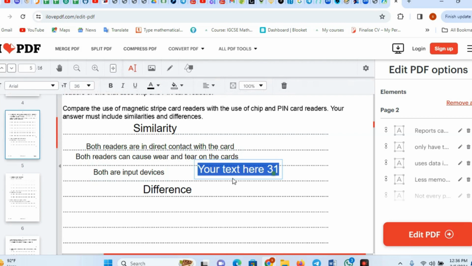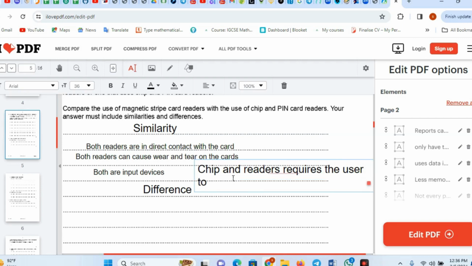One is chip and pin readers require the user to know the pin.